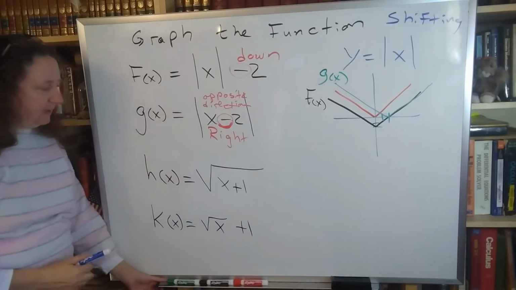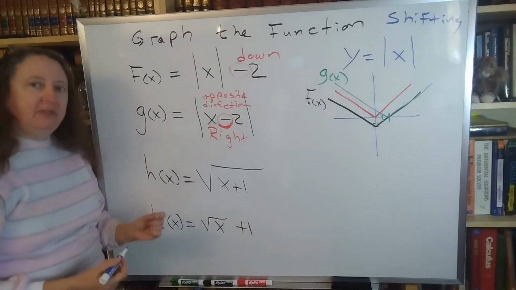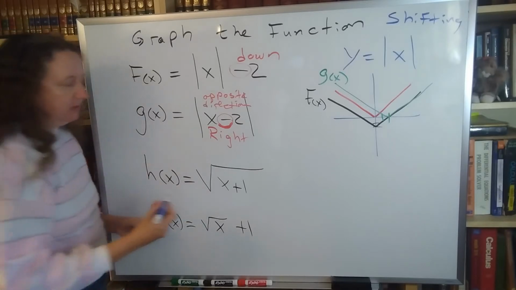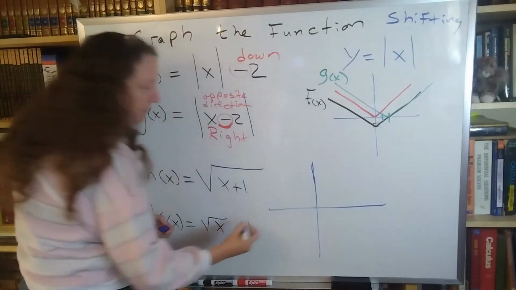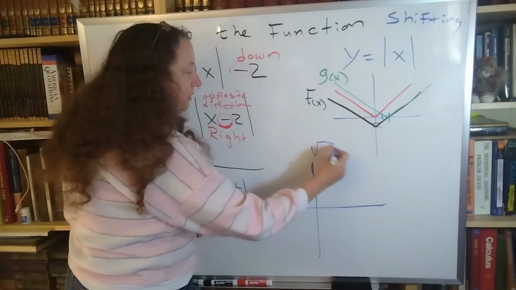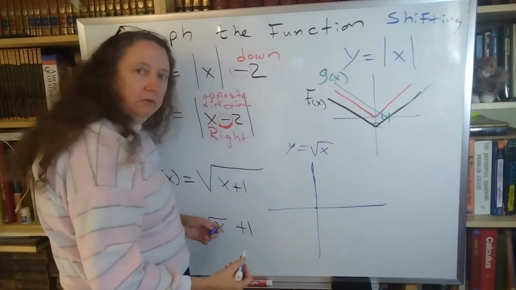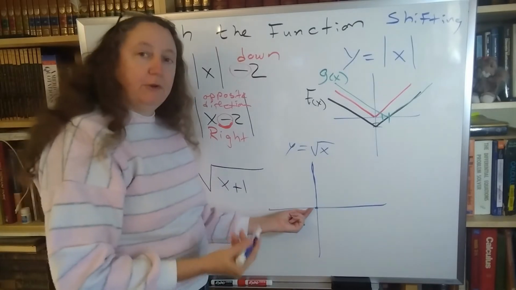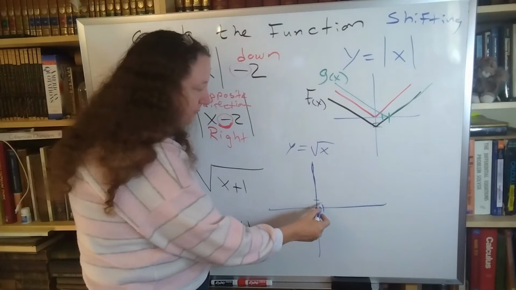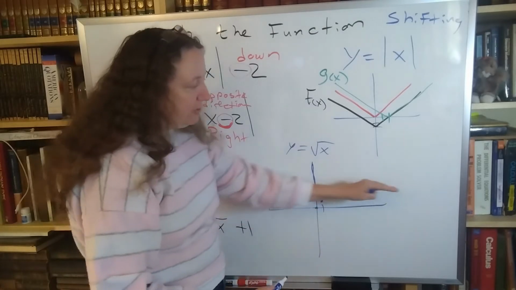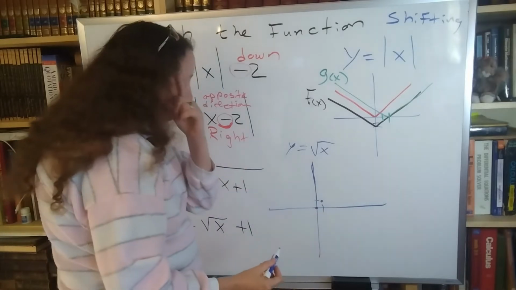Looking down here at the square root function, I need to know, what is my basic square root graph like? So when I take the square root of x, it is going to start at 0, 0, because the square root of 0 is 0, goes up to 1, 1, and then it takes a sharp turn and almost flattens out as you go further to the right.